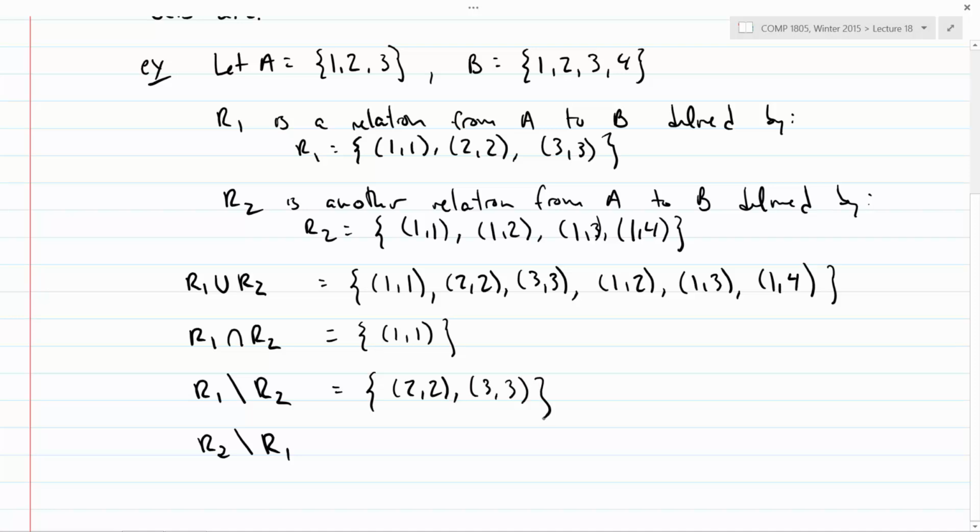I don't keep (1,1) because I have a (1,1) in R2, so that goes away. And if I do this the other way, so R2 minus R1, what am I left with then? (1,2), (1,3), and (1,4), exactly. So (1,2), (1,3), and (1,4). All right, I don't keep (1,1) because (1,1) is also in R1. So that's how you combine relations.